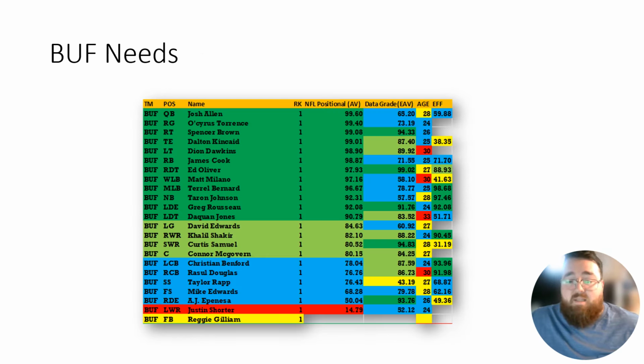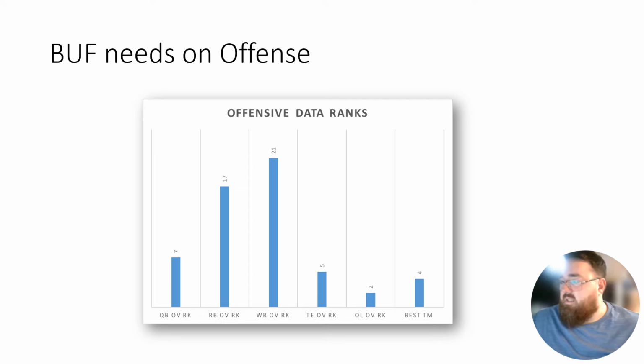Next up, let's get to the needs. This is the Buffalo Bills roster prior to the draft. These are the best prospects they had on their team. Josh Allen, of course, is at the top of the list, and then as you go down the list you have wide receiver, defensive end, and safeties is another area that's a little lackluster. Taking a look at the needs on offense, some of their biggest needs are running back, wide receiver, and tight end, and offensive line not as much.